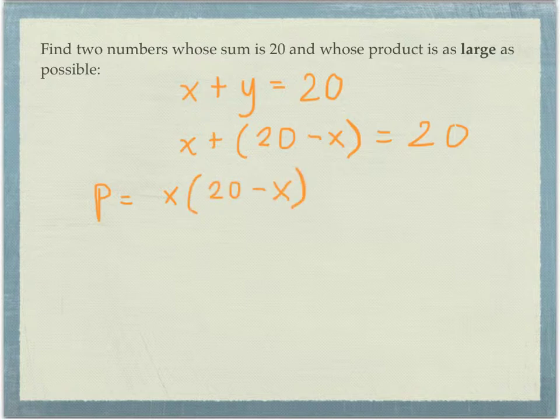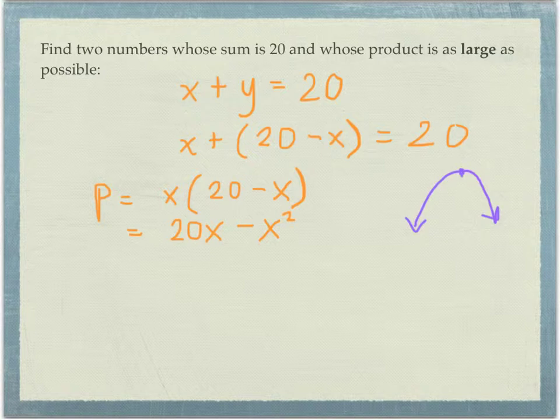They add together to be 20, and multiplying them together, we're trying to maximize that. If I distribute, I get 20x minus x squared. If we drew the graph of that, it would be an upside down parabola, so we're trying to find that maximum point up there.